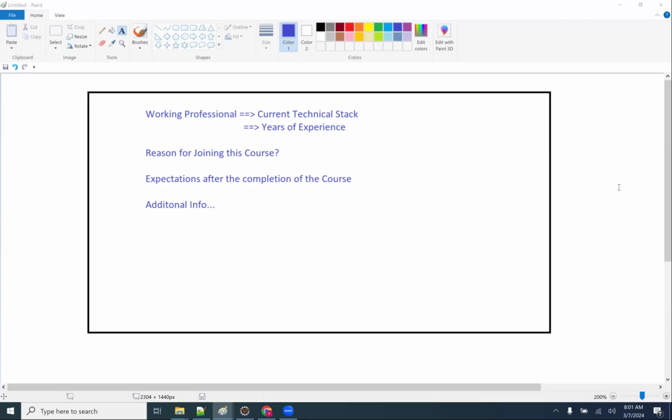I have just basic microservices knowledge. In future, if I get a technical architect role in any company, I can use this knowledge from the system design perspective. So I have joined this course. Thank you, sir.